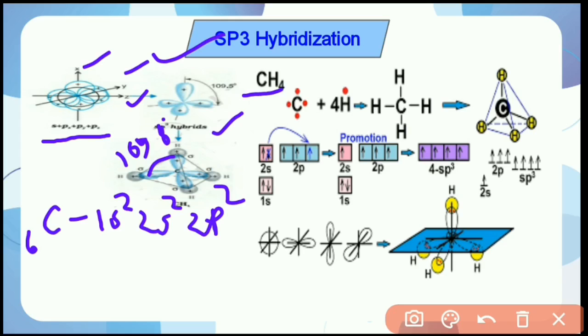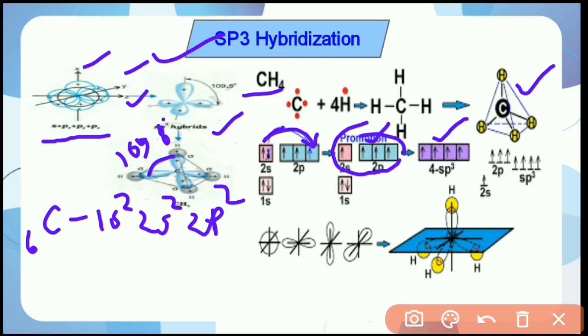So in the excited state, one 2s electron jumps to the next pz orbital and makes an unpaired electron, and all 4 orbitals intermix and make 4 new sp3 hybrid orbitals. In this condition carbon is able to form 4 bonds with hydrogen and form the CH4 molecule, which is arranged three-dimensionally in a tetrahedral structure.